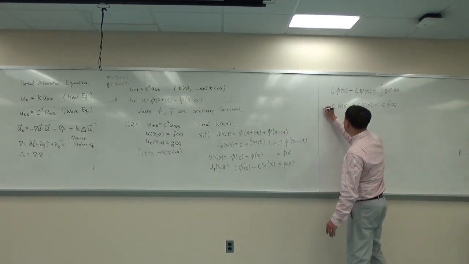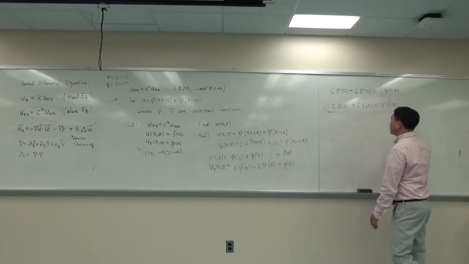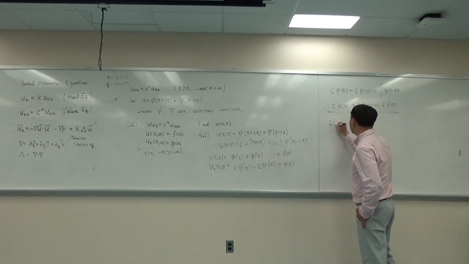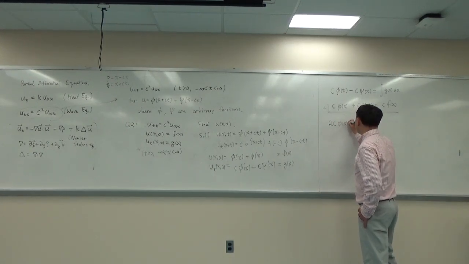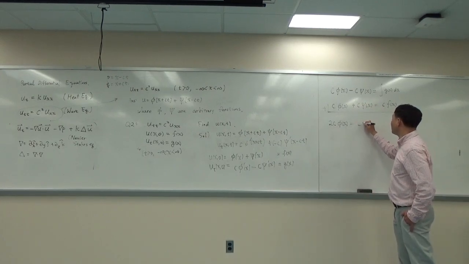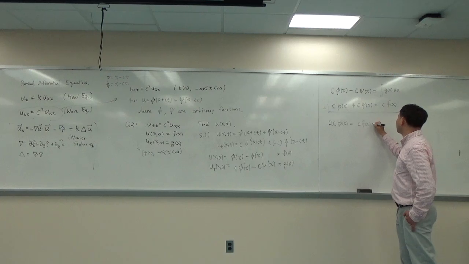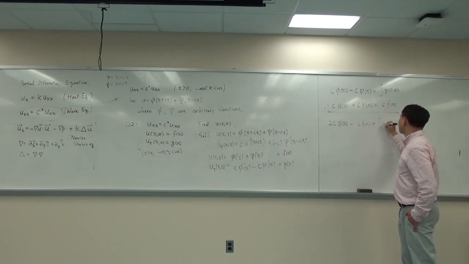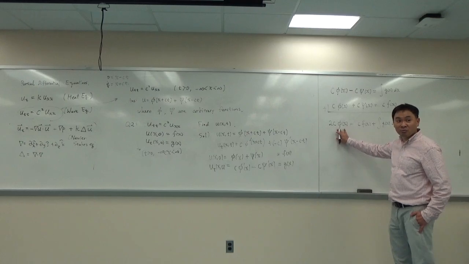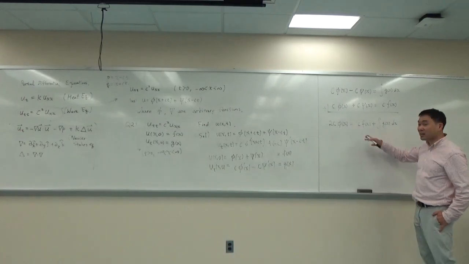And then we add them together so that you get 2c phi of x, this one will cancel, equal to c f of x plus integral of g of x dx. And we're almost there. See, now we can solve for phi of x by dividing by 2c.